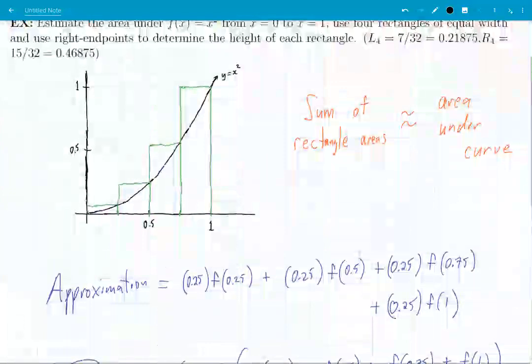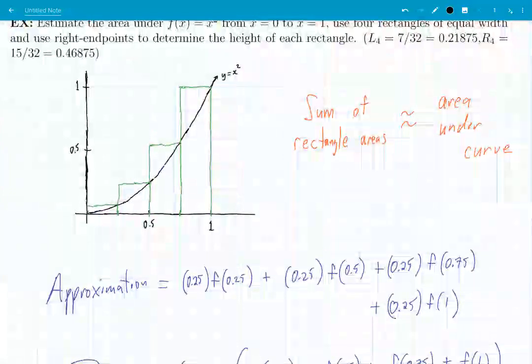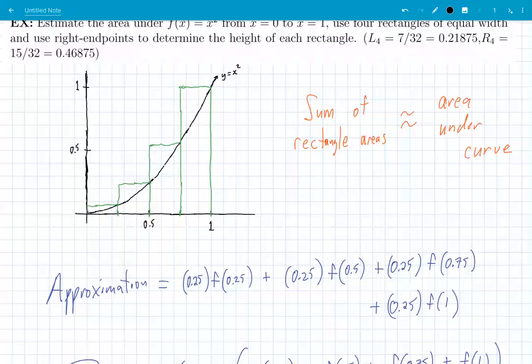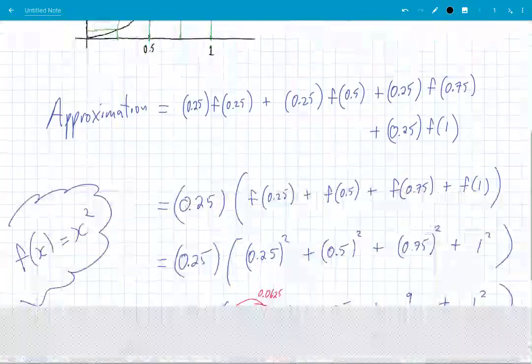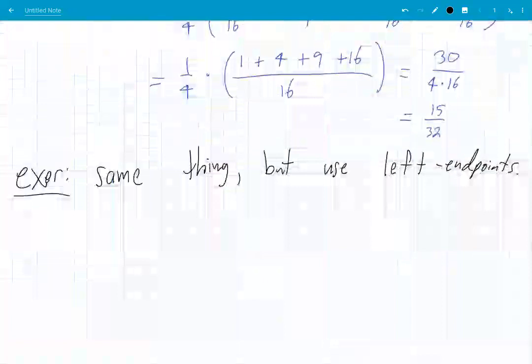So you should draw a picture. Your picture is going to look different. You're going to have the same subintervals, but the heights of the rectangles will be determined by the left endpoints. So pause the video, or actually we'll take up the answer in the next video.